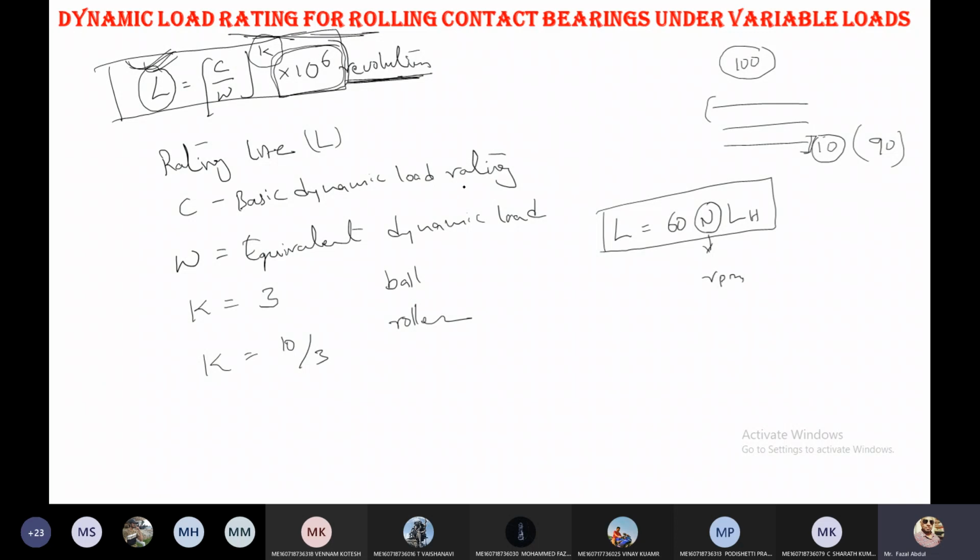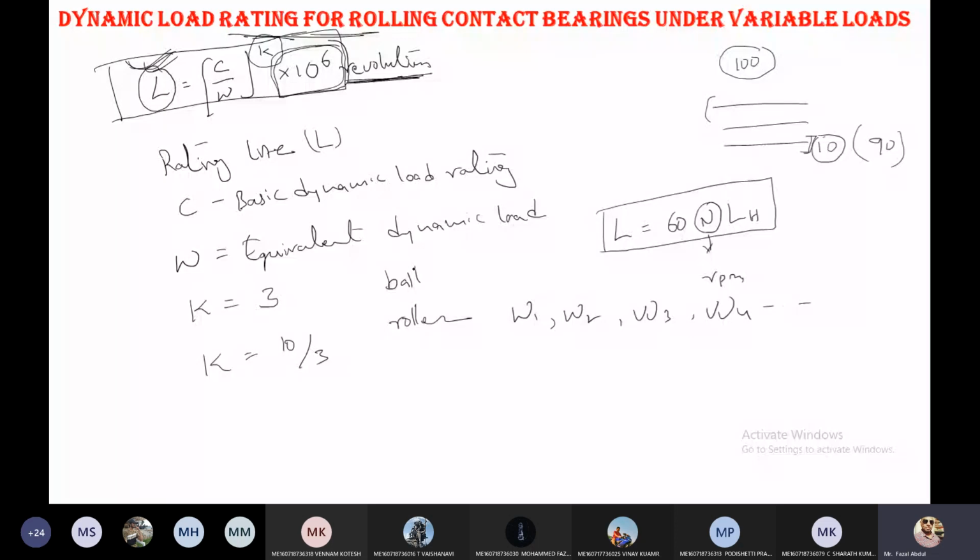Now consider one rolling contact bearing subjected to variable loads like W1, W2, W3, W4.